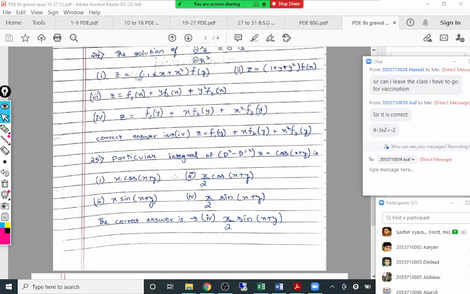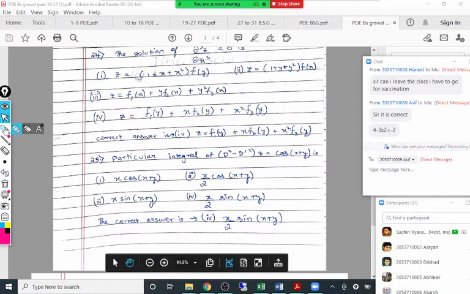Okay, 25th. Now the PI for d square minus d dash square is equal to cos of x plus y. Now for this we want a PI, so just go for PI equal to 1 upon d square minus d dash square, and then replace d square by minus a square, dd dash by minus ab. But in this case again that is coming 0.